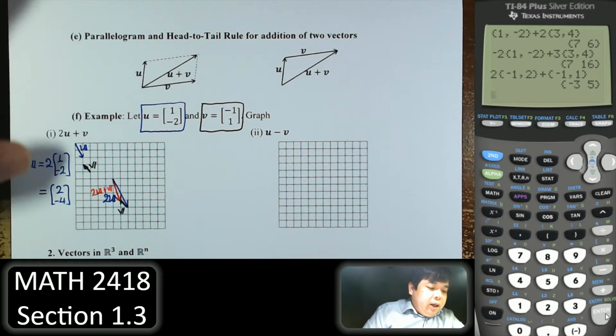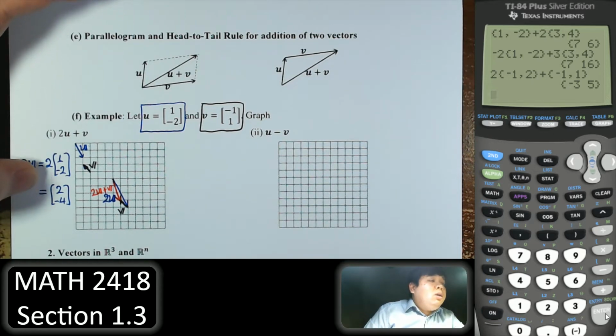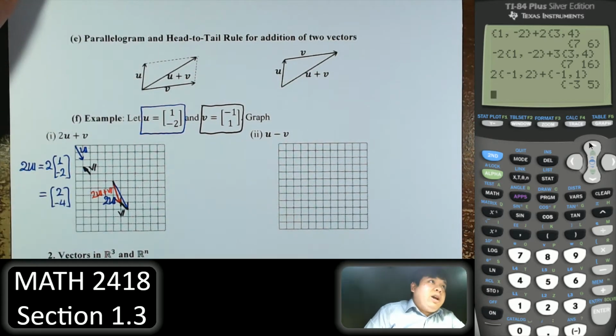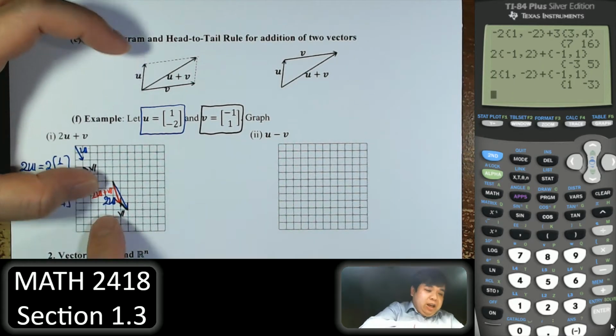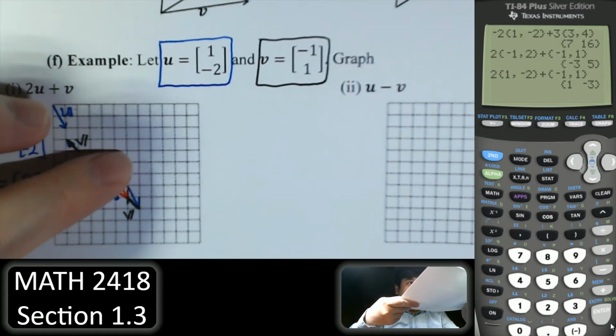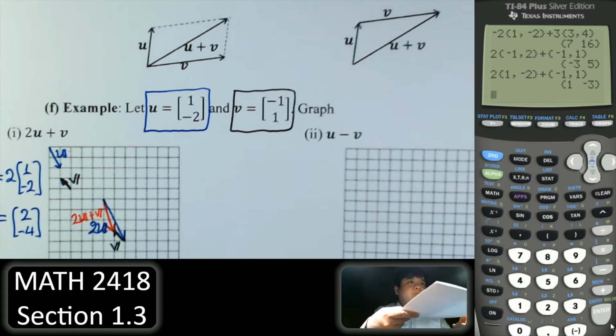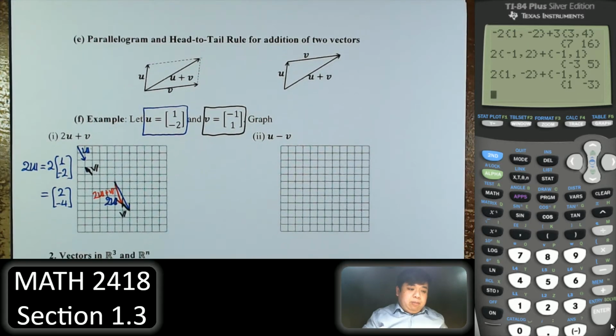Right, so I have 1 and -3, meaning if you see the result, 1 unit to the right and then 3 units down. So that is correct.